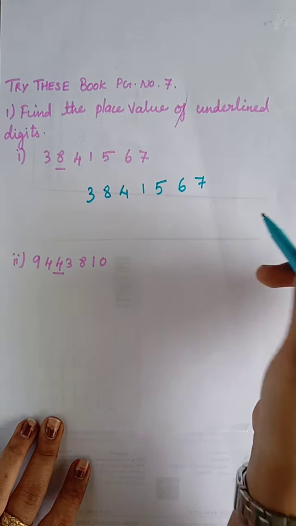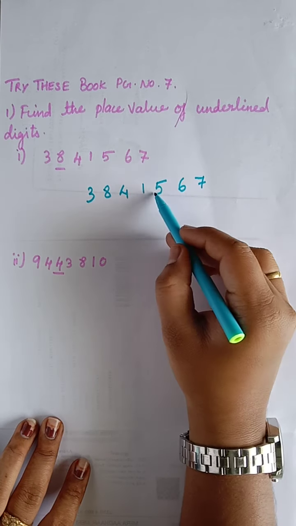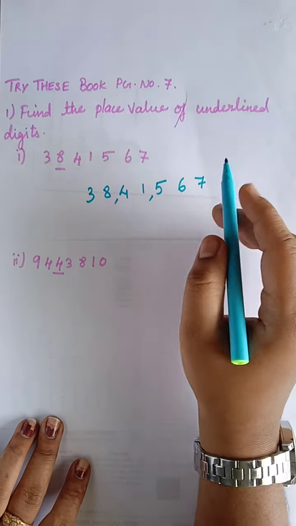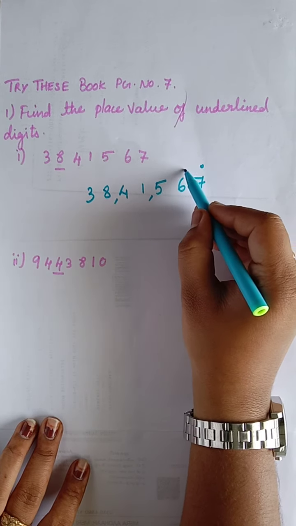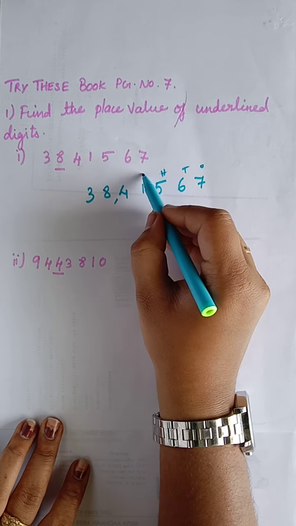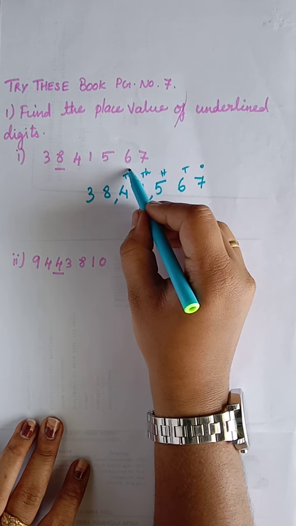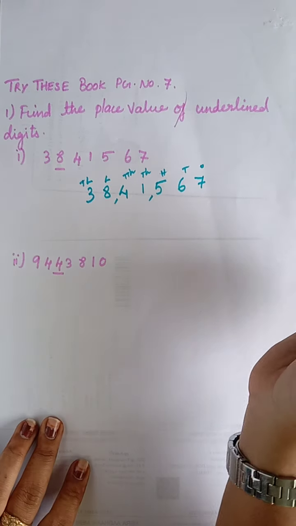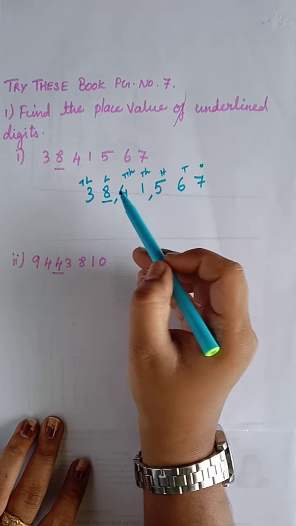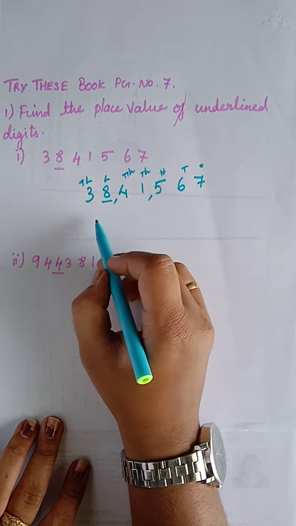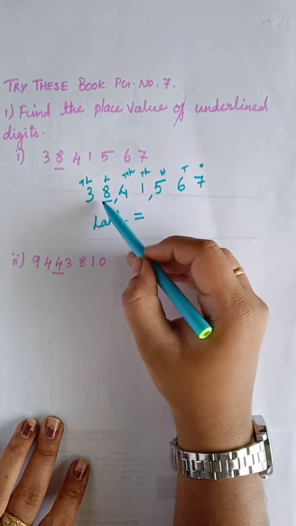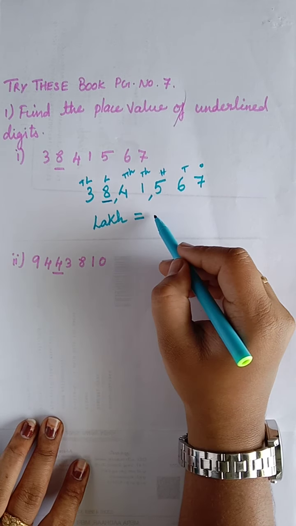Now put the commas: 1, 2, 3, comma, 1, 2, comma, 1, 2. Now write the place values: ones, tens, hundreds, thousand, 10,000, lakh, 10 lakh. What is the underlined number here? 8. What is the place value of 8? It is lakh. So how many lakh? 8 lakh.